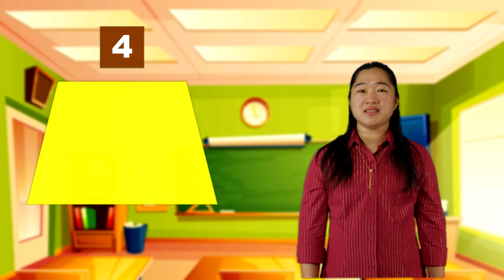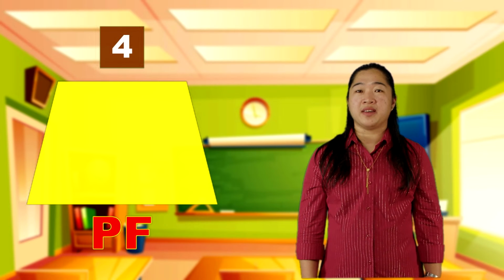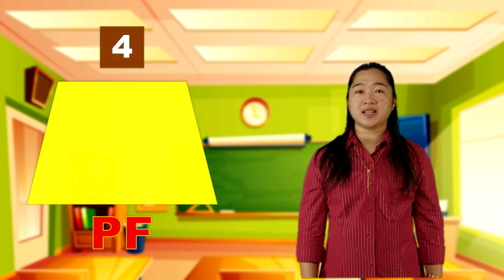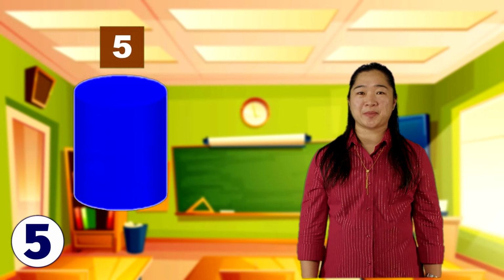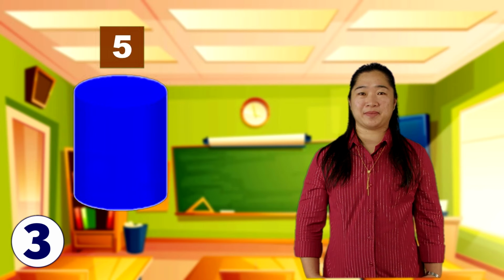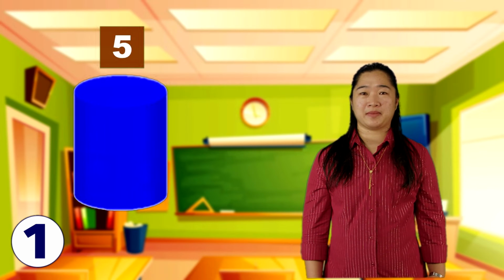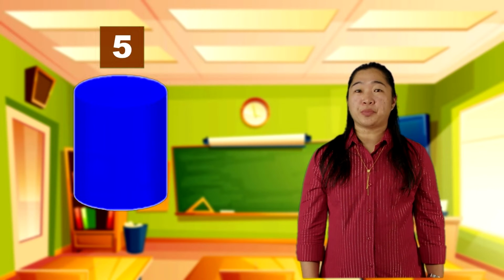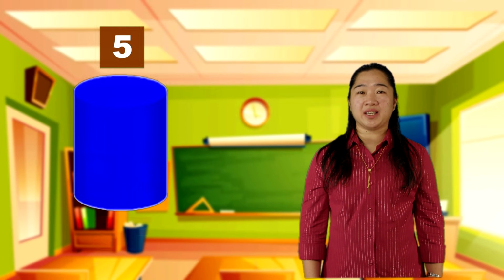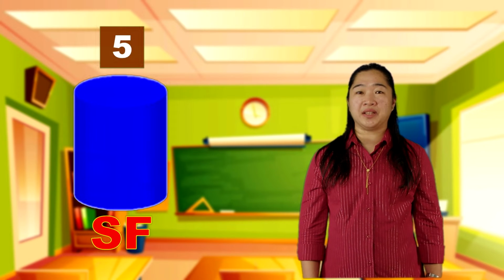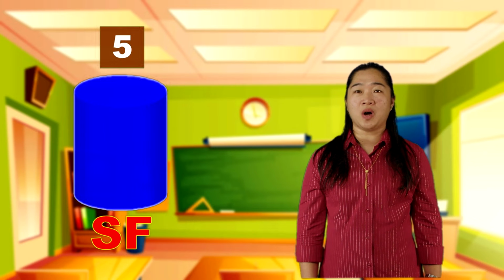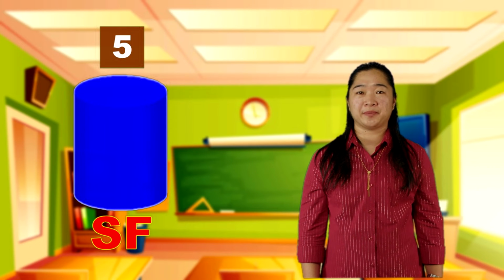Correct. The answer is PF. This trapezoid is an example of a plane figure. Brilliant! The answer is SF. A cylinder is an example of a solid figure.